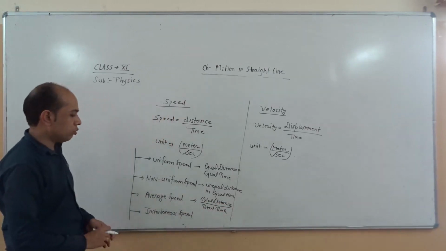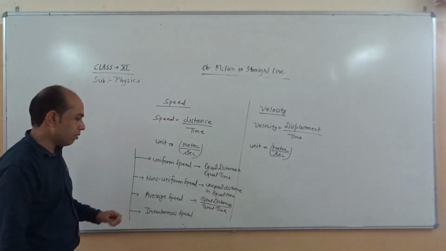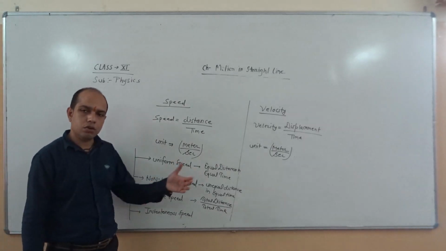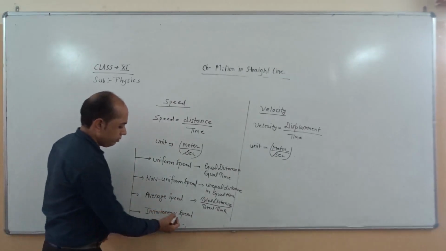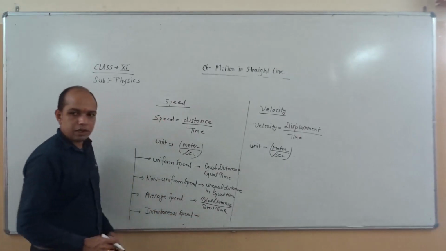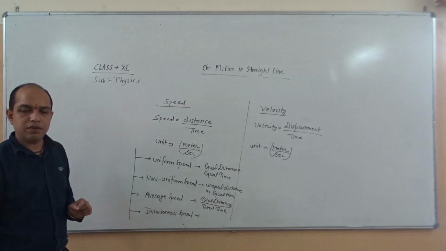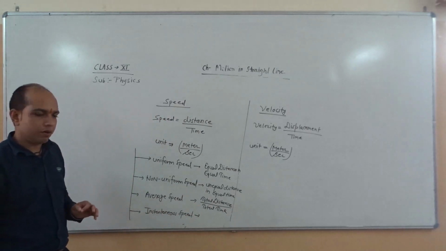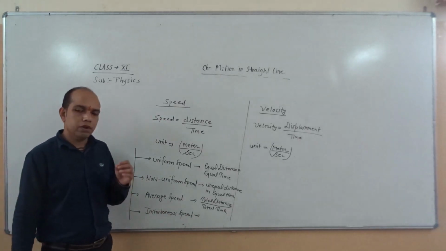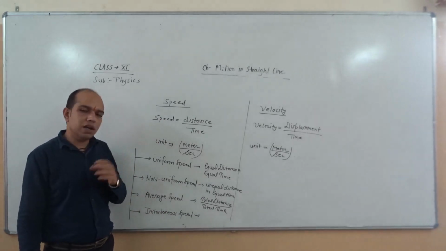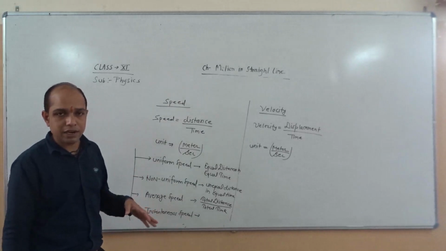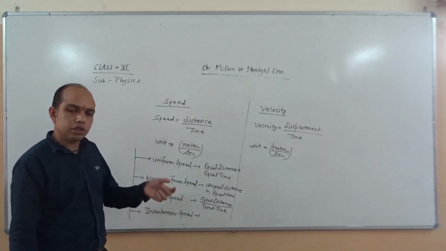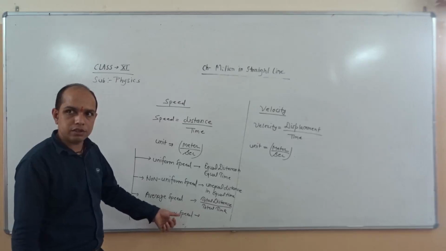How much distance is traveled by the object, and this is divided by the total time interval. Instantaneous means instant speed. We talk about a particular time. For example, during a 2-hour journey, if someone asks what is the speed at the 5th second, 10th second, 12th second, this is counted as instantaneous speed.